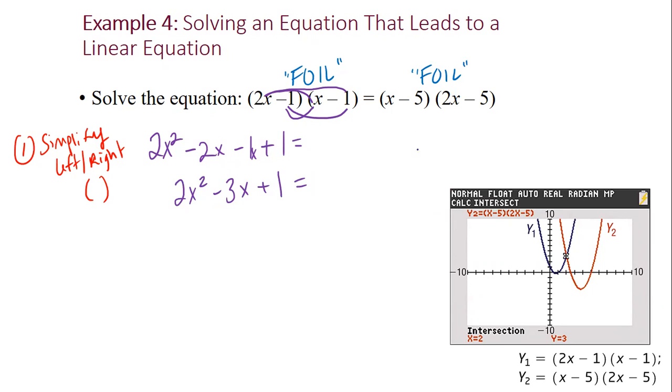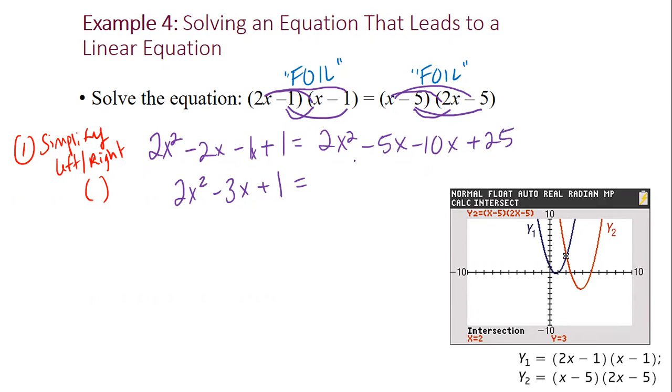I'm going to repeat the same process on the right-hand side. So we have x times 2x gives us 2x squared. And then we have x times -5 gives us -5x. We have -5 times 2x gives us -10x. And we have -5 times -5 gives us +25.